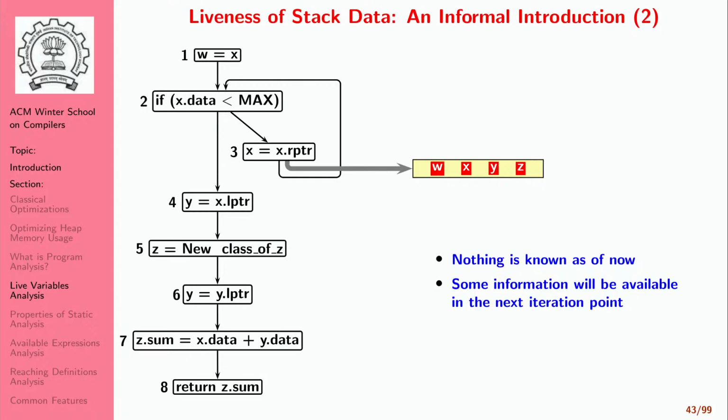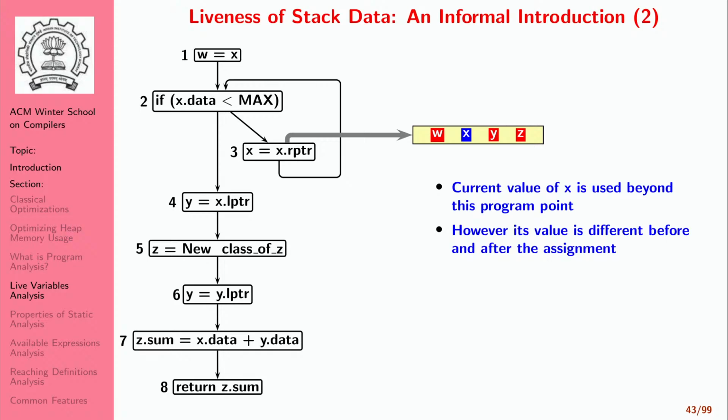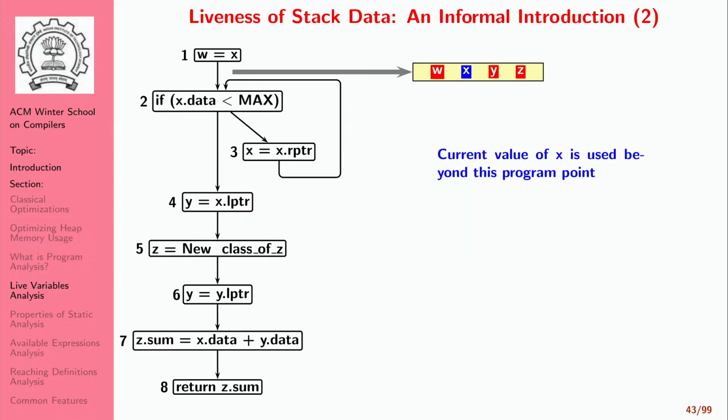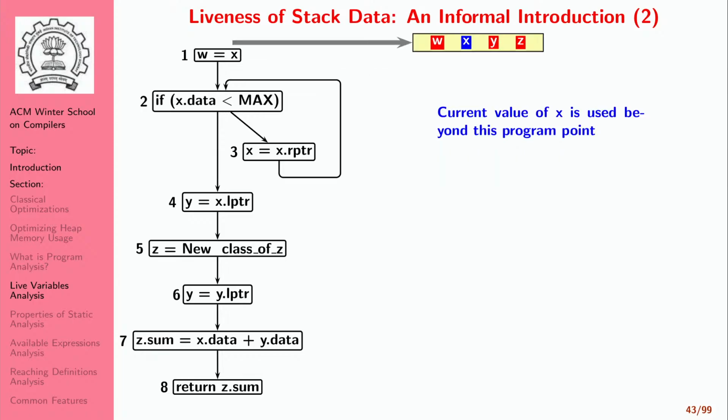What will be live before 3? X, correct. So now we have X live from here and here. So at this point along either of these paths X is live, and we assume max is some constant, we just ignore that. So X is live.